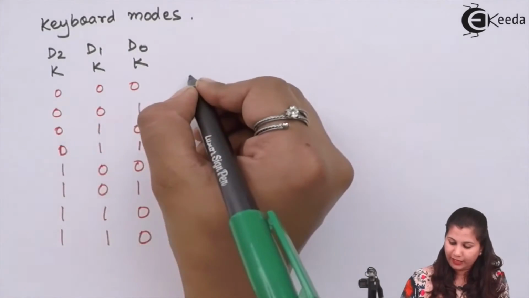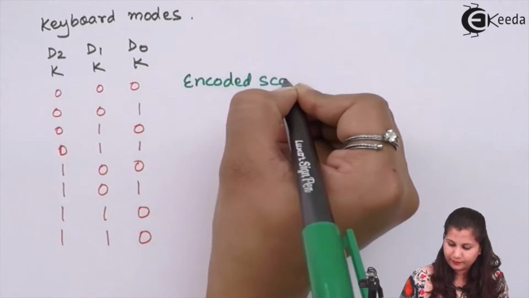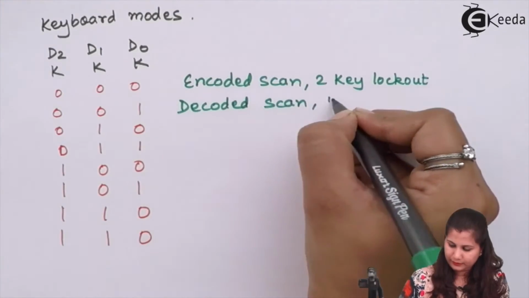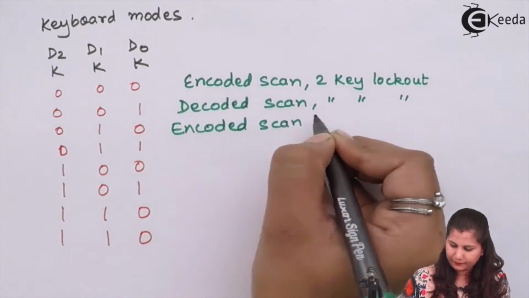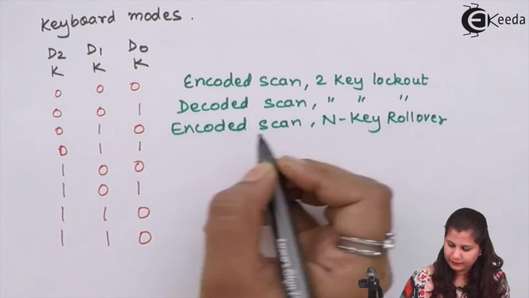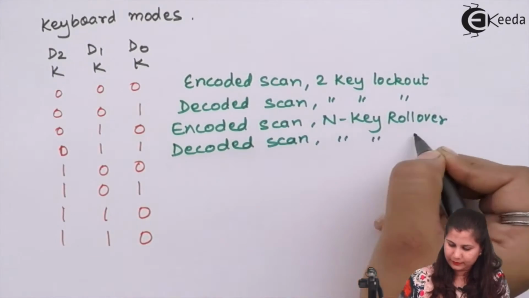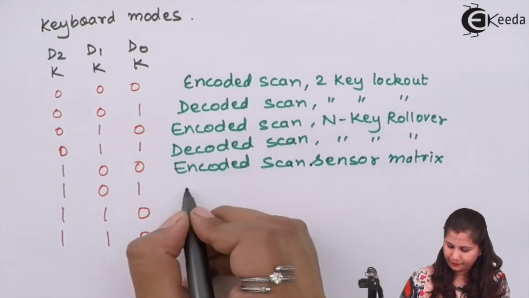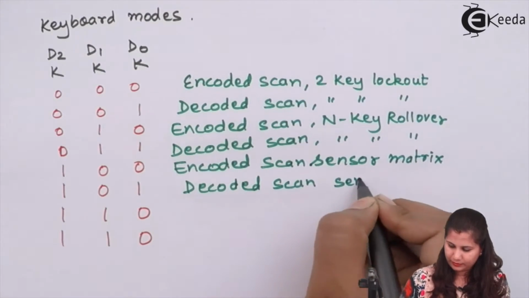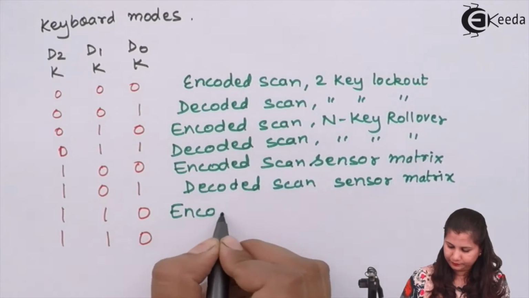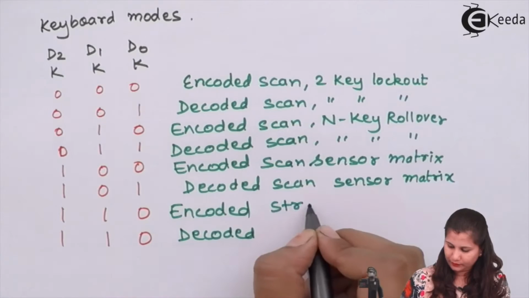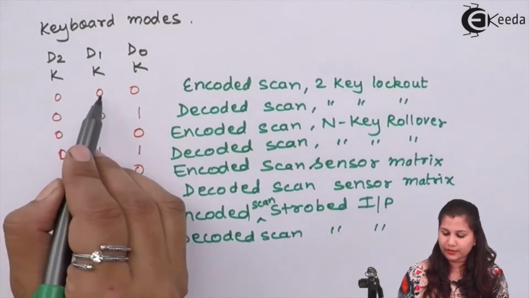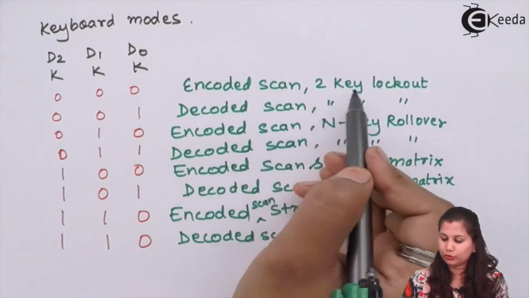When it is 0, 0, 0, then we have the mode encoded scan and 2 key lockout.